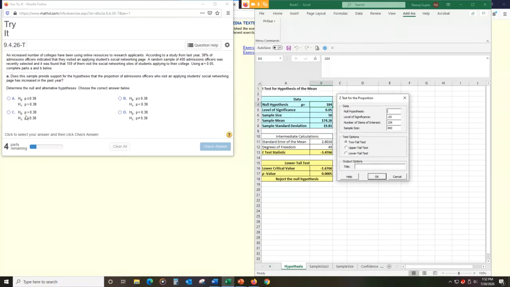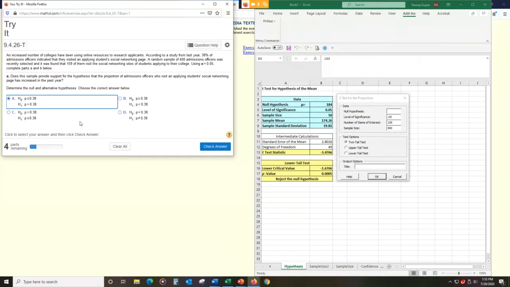Now I cannot choose C because with greater than, it is termed as null hypothesis. Null hypothesis does have equality sign. Alternate does not have equality sign, so this is not the correct. Greater than, strict greater than is my alternate hypothesis. So contrary to that is less than equal to, and it has equality sign, so it is my null hypothesis. So this will be my correct hypothesis.